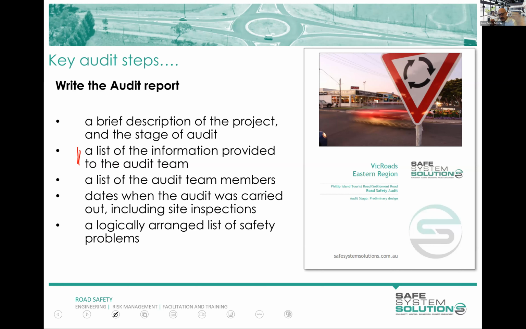There have been a number of legal cases where road safety auditors have been pulled in and asked very hard questions as to why they did not pick up certain issues, and was that reasonable? Would others in the industry have picked it up? The auditors that have had that well detailed are able to say, it wasn't in the plans that we looked at. We said it in the report. That's the plan. It wasn't there.